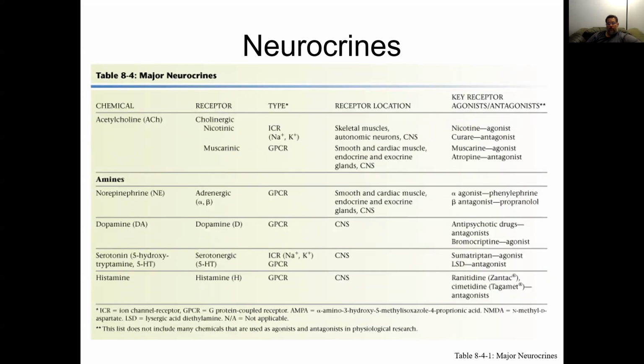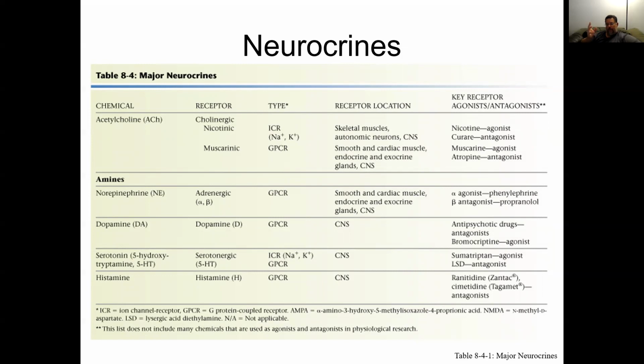And so we also have, as we've already talked about, acetylcholine. This works on the more well-known receptors, like cholinergic receptors and muscarinic receptors. And then there's also norepinephrine, which works on the adrenergic receptors, as well as dopamine, serotonin, and histamine.